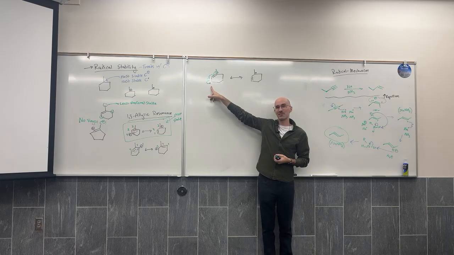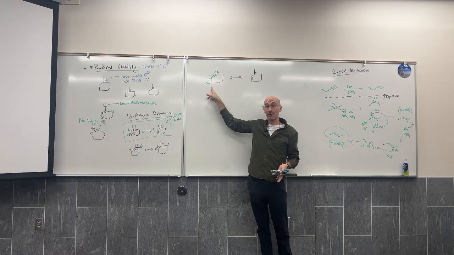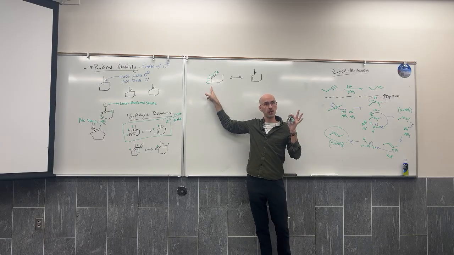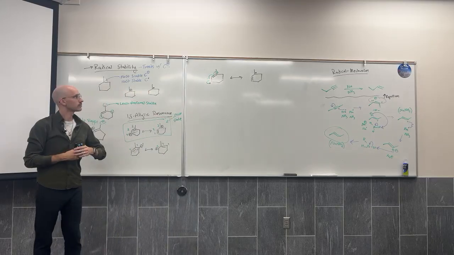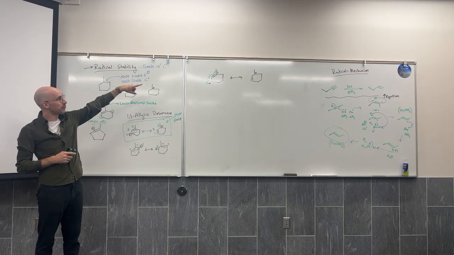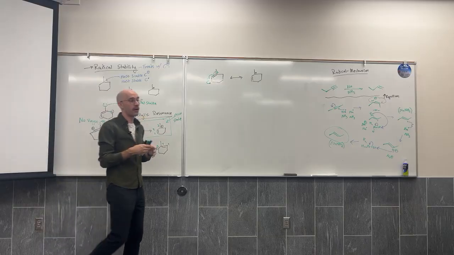Because now I can only use fishhook arrows. I'm not showing lone pairs moving anymore. I'm not showing pairs of electrons moving. I'm showing radicals moving. And I don't know about you, but I find those arrows are harder to read.